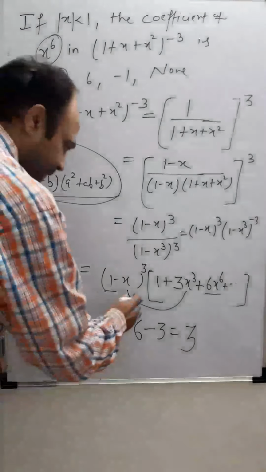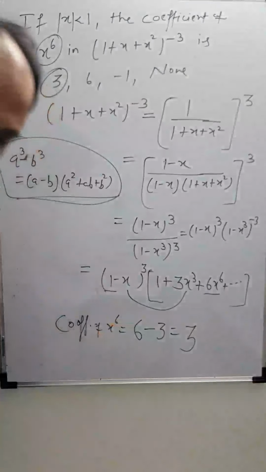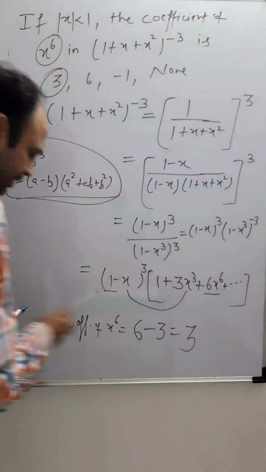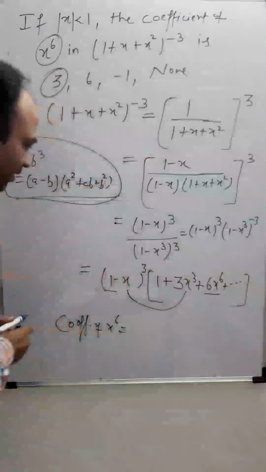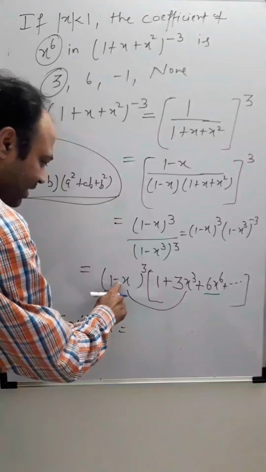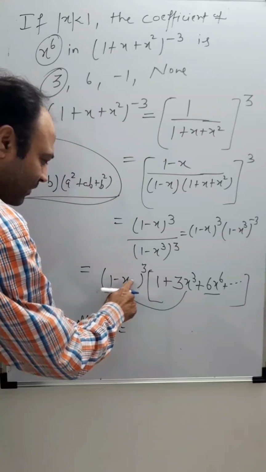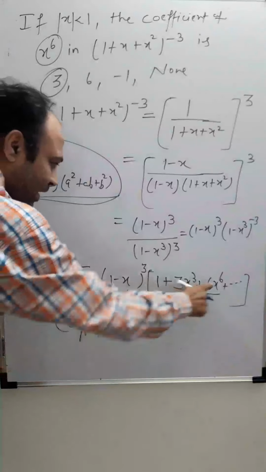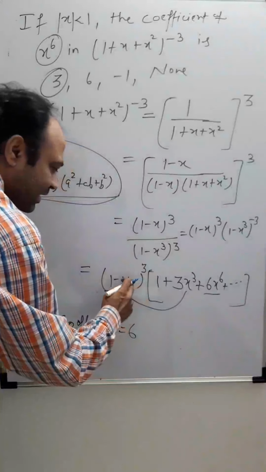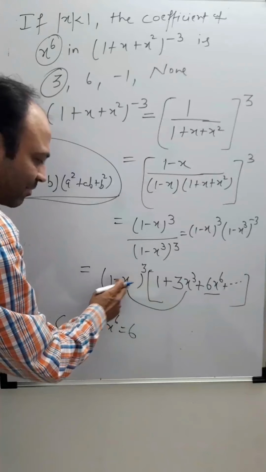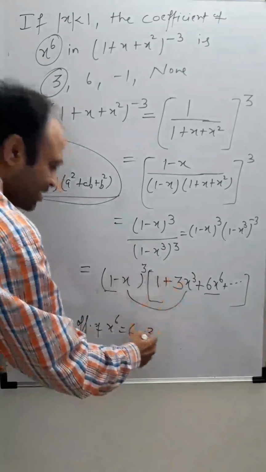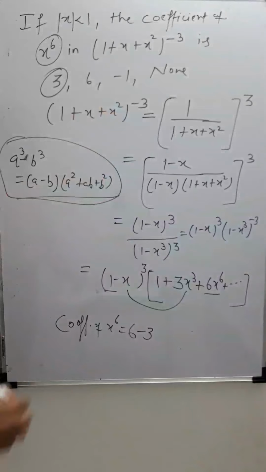So there will be a check: the coefficient of x cube when we calculate. No doubt here it will be 1 and x cube will come. So 1 into 6 is 6, and at the end x cube we get minus x cube, and this is minus 3, so 3 we will get. Fine.